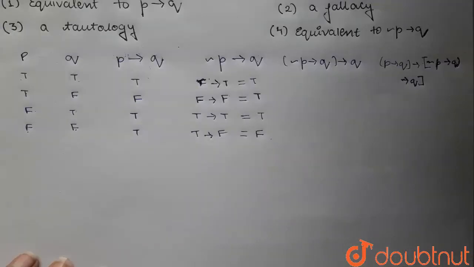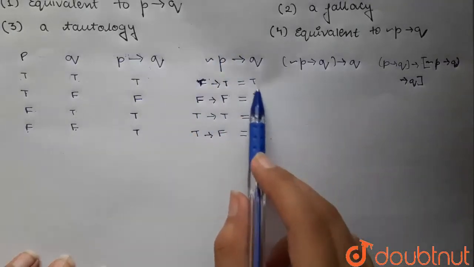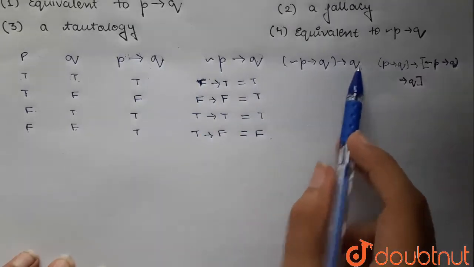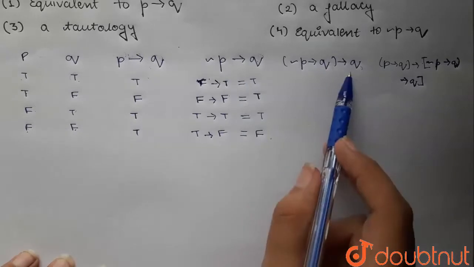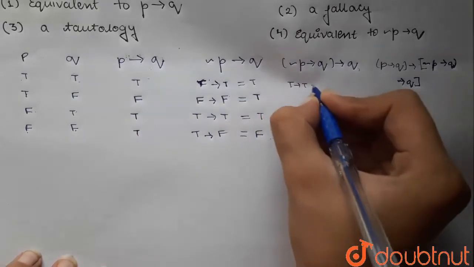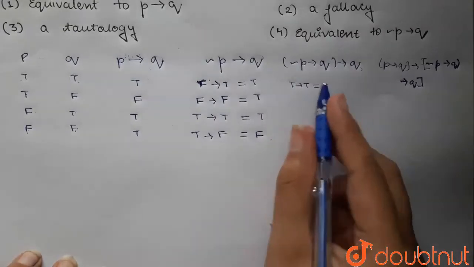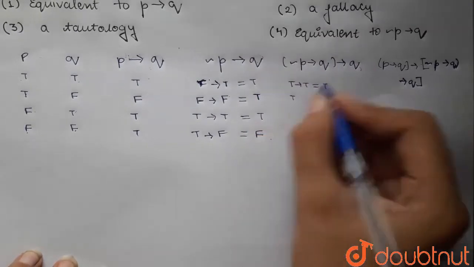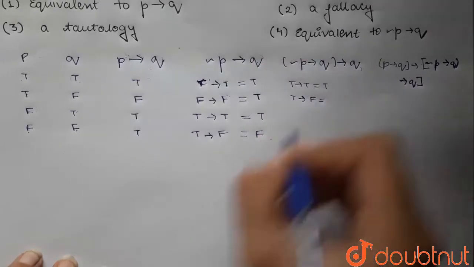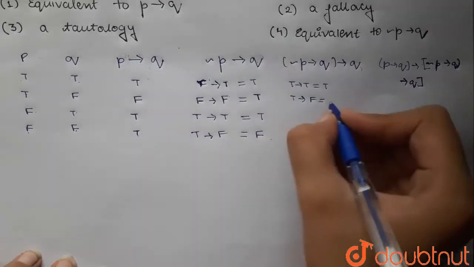Now the final values for this expression: this is implicated with Q. First, true implies true, which gives true. The next value is true and Q is false, so true implies false, and here we get false.